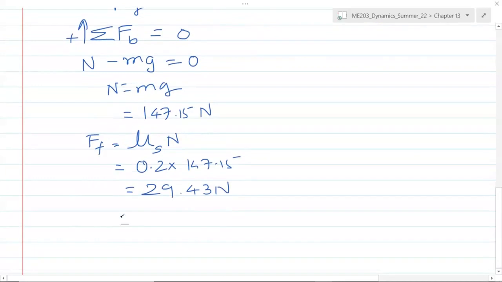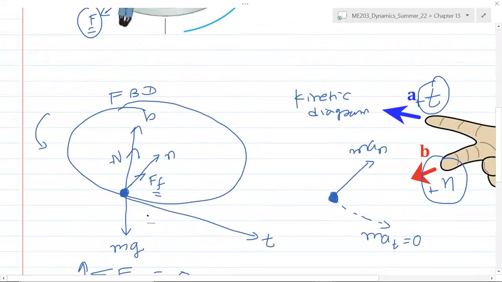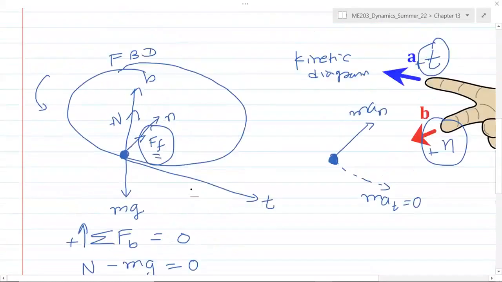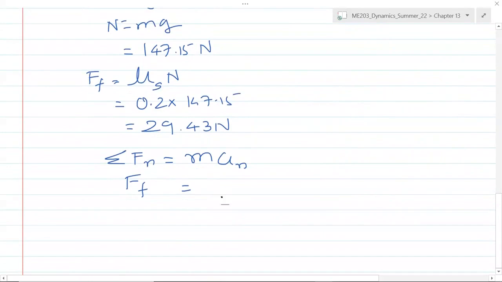And now we apply the final equation. Sum of forces along the normal coordinate axis is mass times normal acceleration. And there is only one force along normal, which is F_f, friction. See, there is no other force. So F_f equal to m a_n, and it's m v squared divided by radius of curvature.